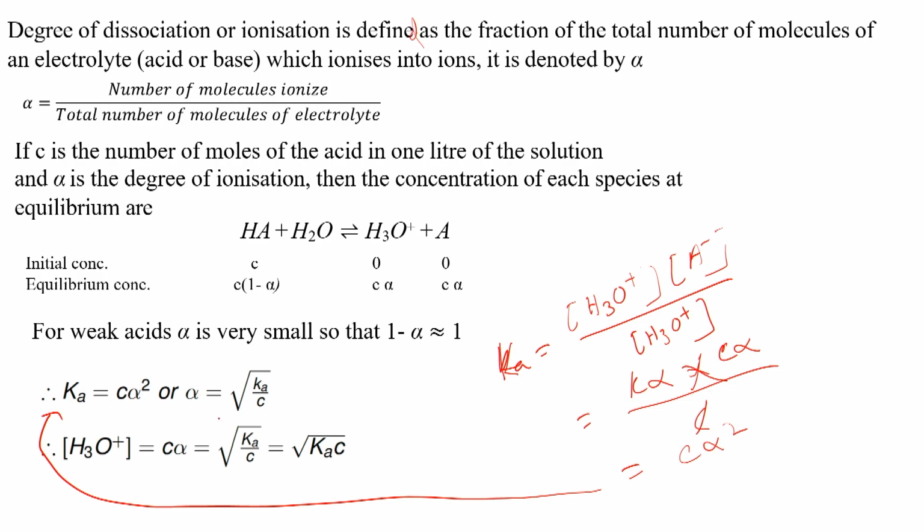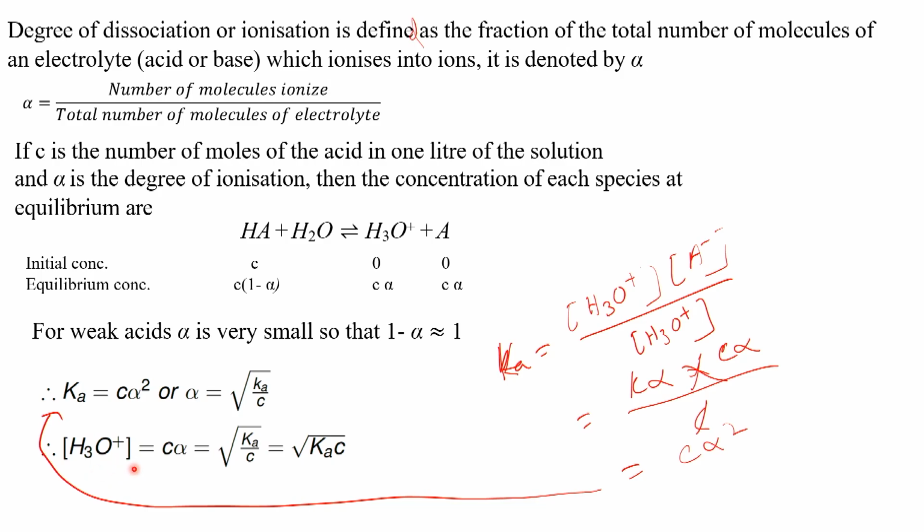So we get alpha equals root over Ka by C. If we know the initial concentration of HA and the value of Ka of a particular acid, we can calculate the degree of dissociation alpha from this expression.